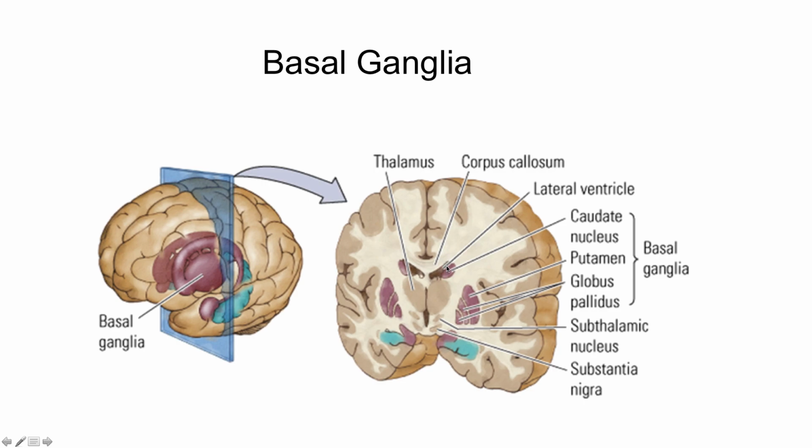Here we have the lateral ventricle, which we have already covered, but now you can see it in a coronal slice. Here you have the subthalamic nuclei, also on both hemispheres, and then we have the substantia nigra right here, which we also talked about because the substantia nigra is also in the brainstem.